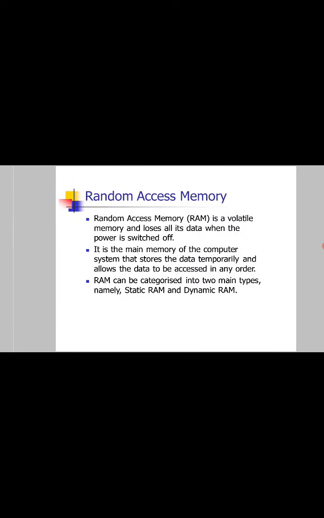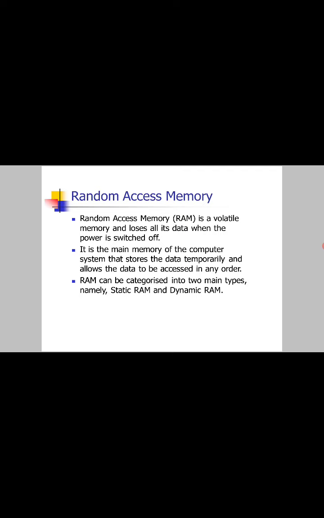So what is RAM, or random access memory? As we know, the memory of a computer is divided into two parts: primary memory and secondary memory. Primary memory is used to load the operating system and all the programs, applications, and software running on a computer. Primary memory is very high speed and very costly.